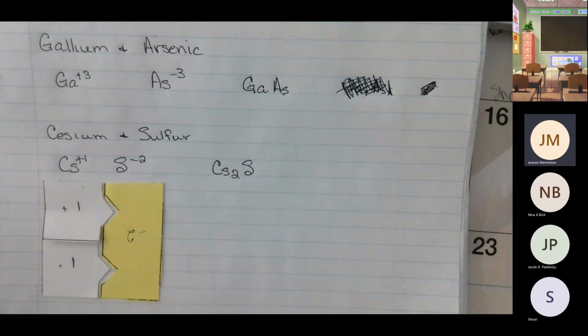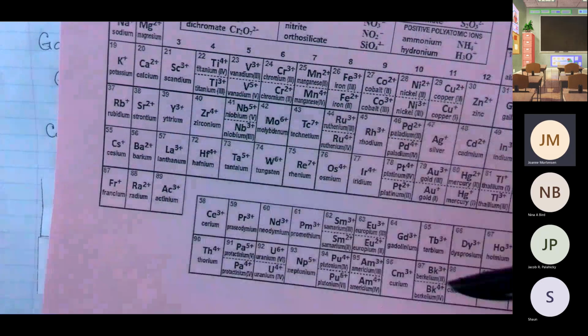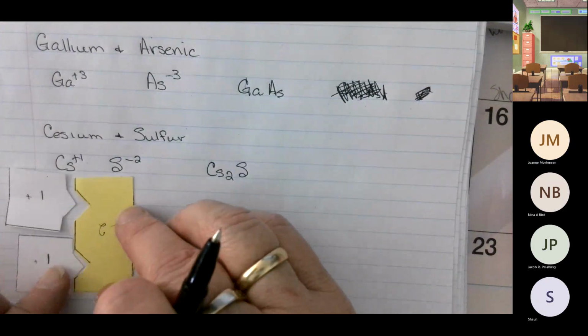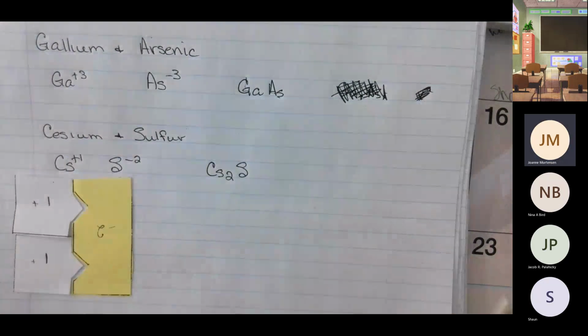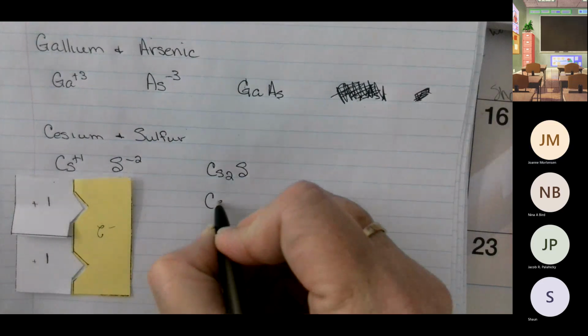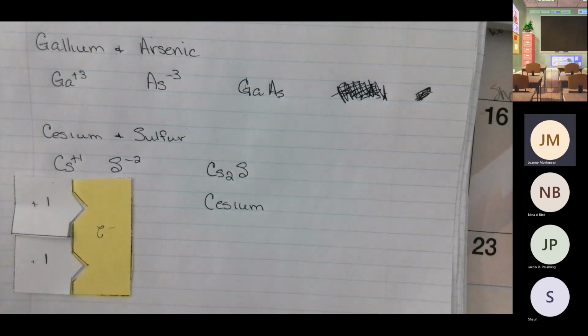Now, if we look it up on the chart, cesium is cesium. Like I said, the first part never changes. I'm going to go with rarely because there'll be some weird example. And sulfur became what?